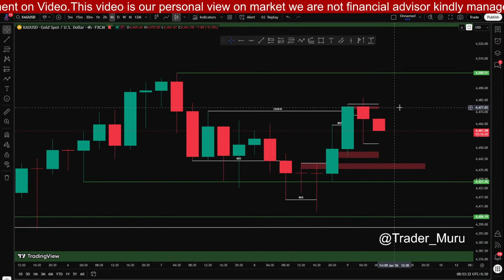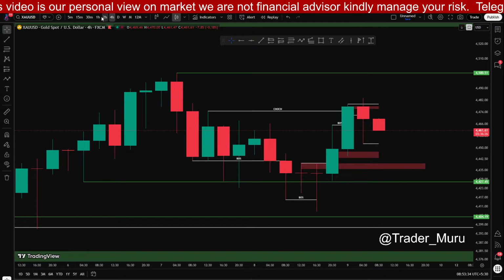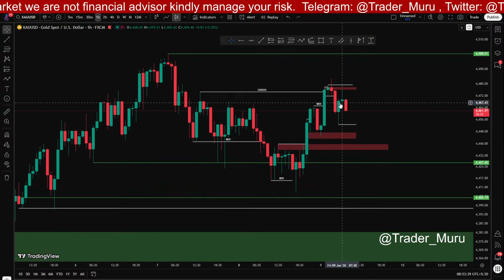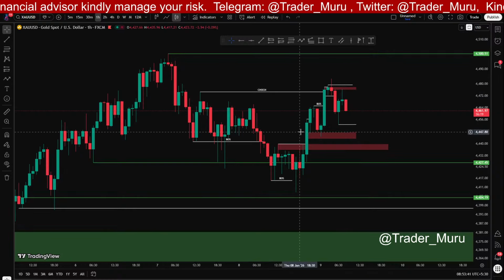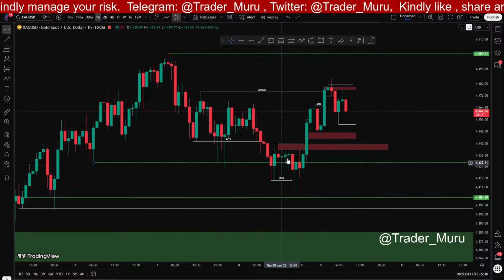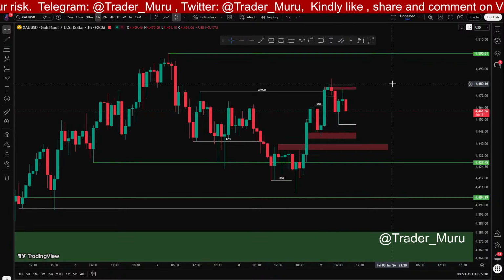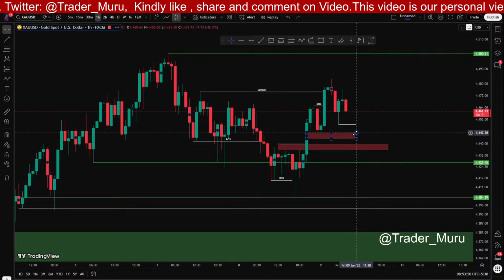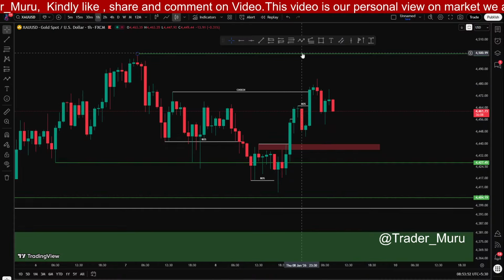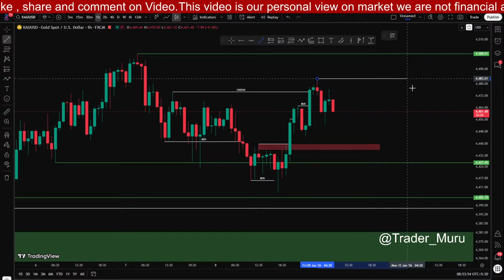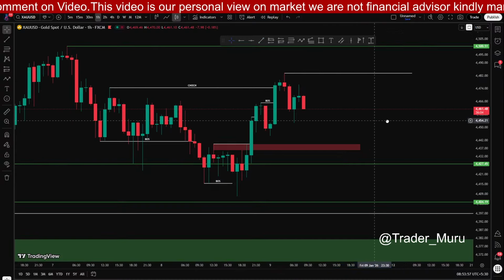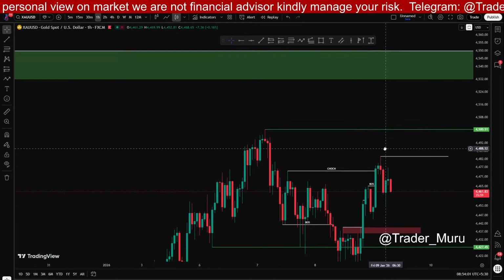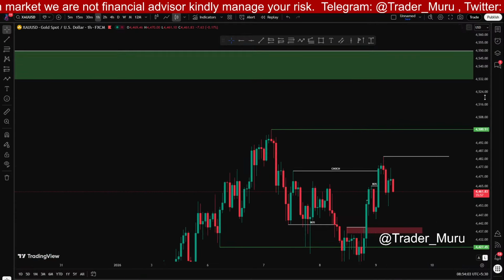Okay, so let's recap. We are bullish in gold now because it has a 1 hour change of character. So this QML area and this bullish order block will be our buying priority for the target of this high around 4483, and the second target will be the new ADH after breaking this high.